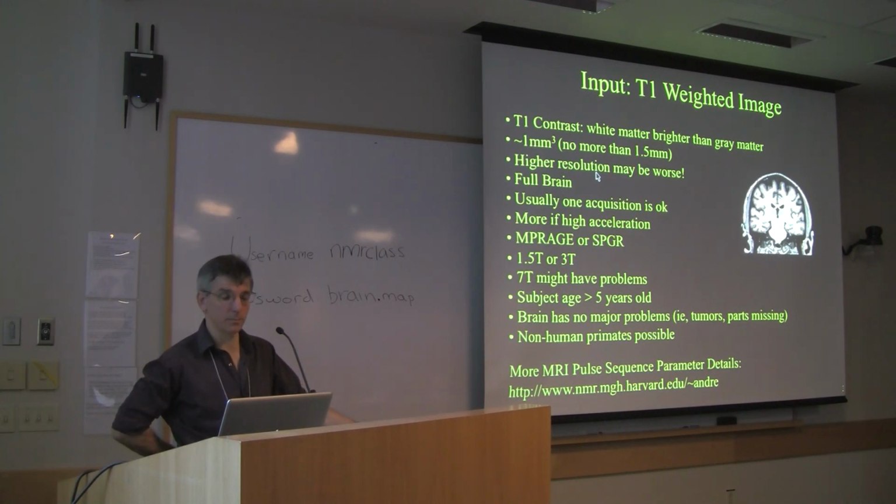Non-human primates are possible, so there's a sub-community of FreeSurfer analysis people who are doing monkey, and I think I've even heard dogs. Several different types of analyses with different species are possible, but it's totally geared towards the normal, semi-normal human brain.